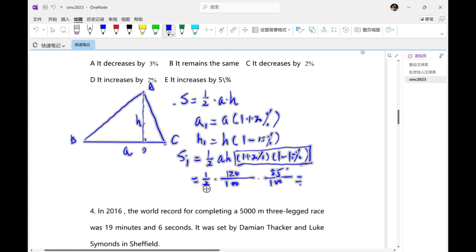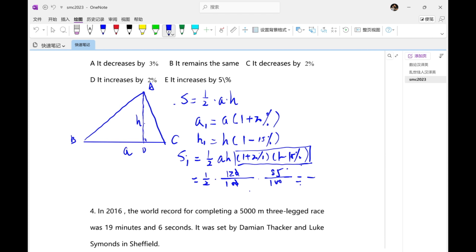Simplify it. Both divided by 2, that leaves 6 and 5, and both divided by 5, it is 102 over 100. So we get the answer: 100 as a denominator, and the numerator is 102.